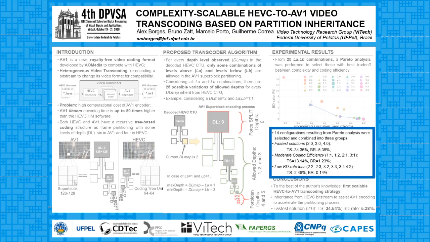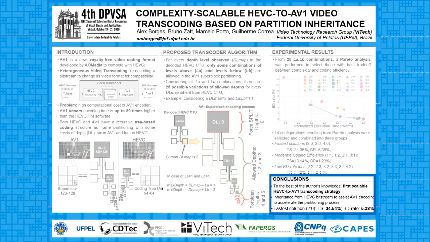The last group of configurations is focused on low coding efficiency loss, presenting less than 0.2%. However, there is only a little libaom acceleration, with results around 2.5%.